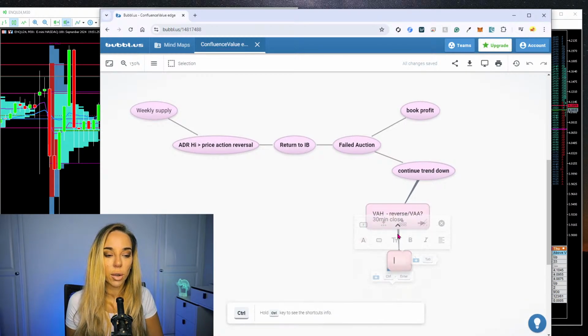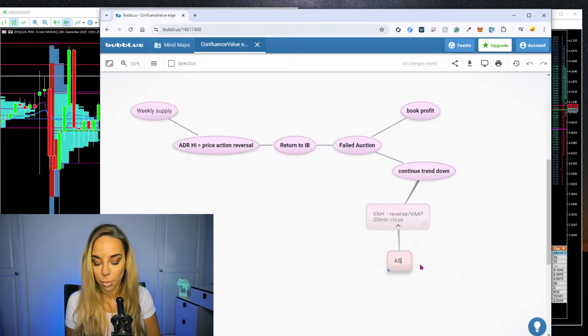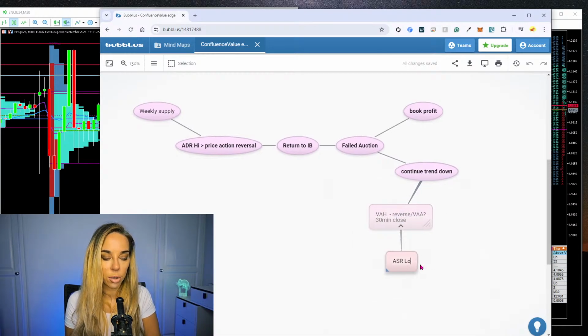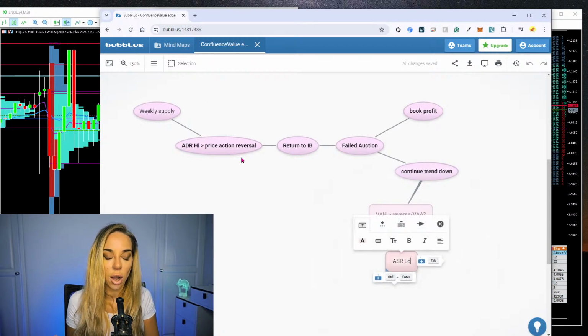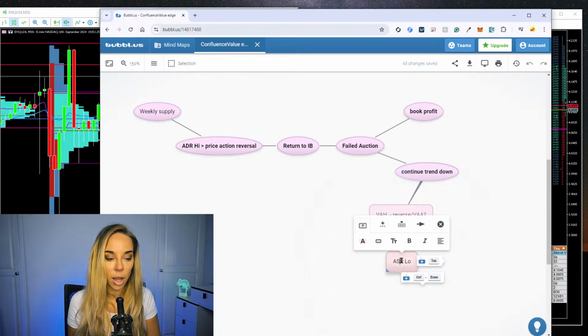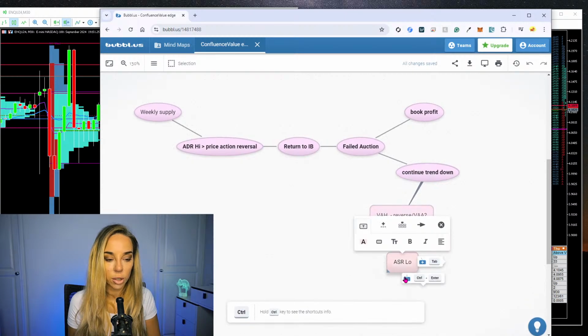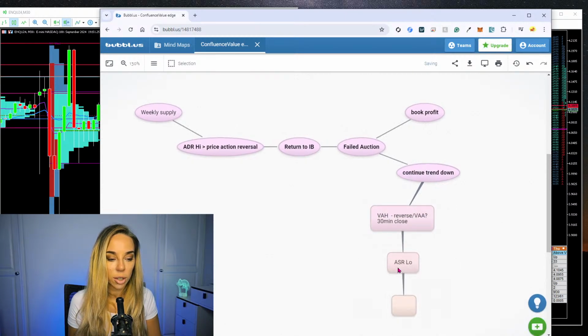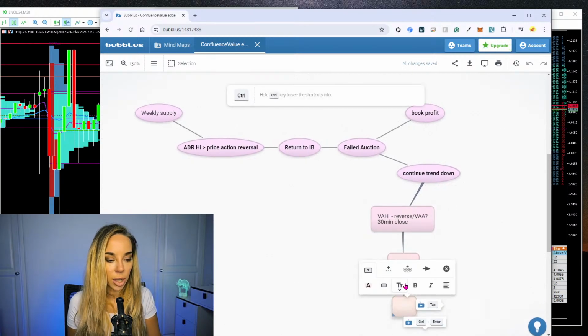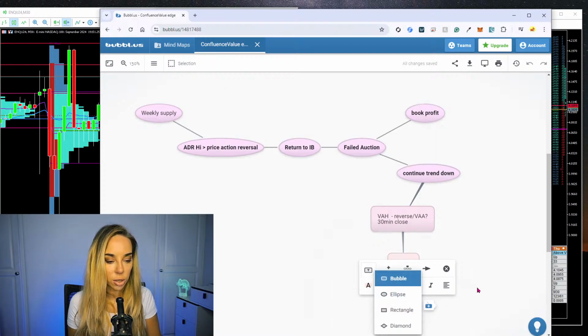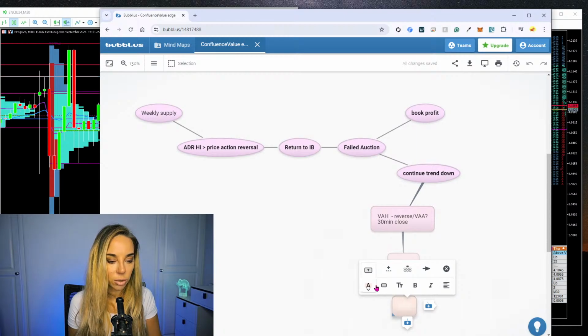But once I see that my target has reached either an average session range low or something, because they tend to be different than the ADR high, that would be my end point. This is where I would finish my trade, and I would effectively just stop trading, right? So this for me would be, change this to another color, however you do that.